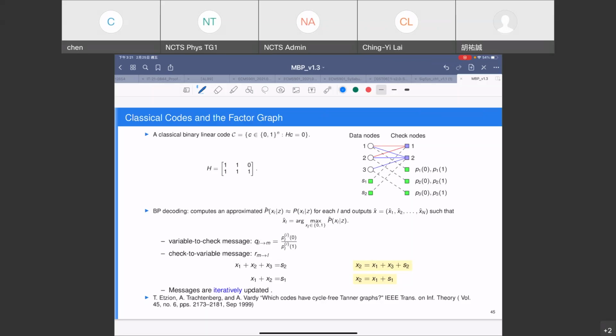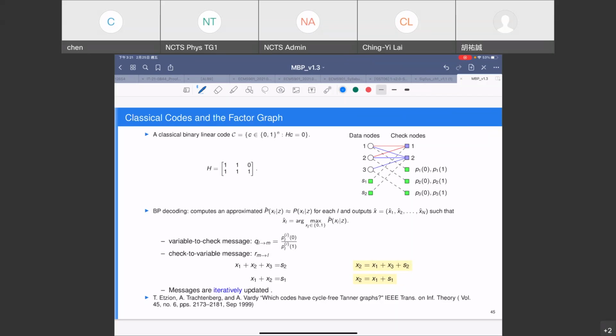Okay, so the idea is like a message passing algorithm. Here consider this red line. You know the outcome S1 here. Variable node 1 will tell parity check 1 that this bit is more likely a 0 or 1 according to this value.